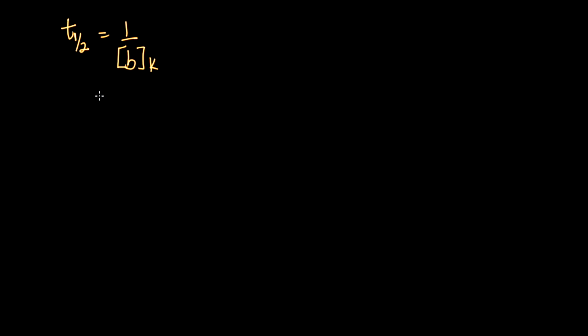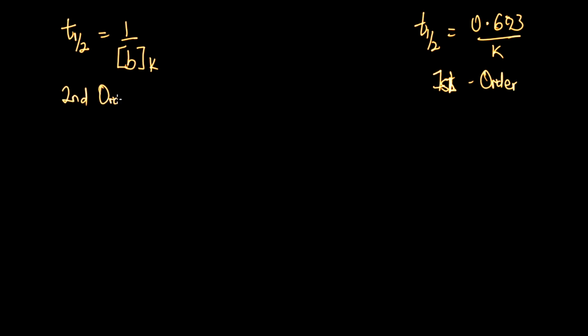All right, so it's important to recognize the difference between the half-life for a first order reaction and the half-life for a second order reaction. So let's quickly talk about the little difference between them.